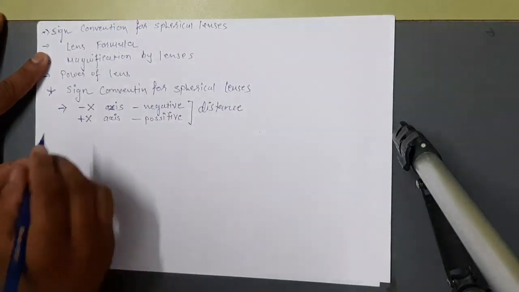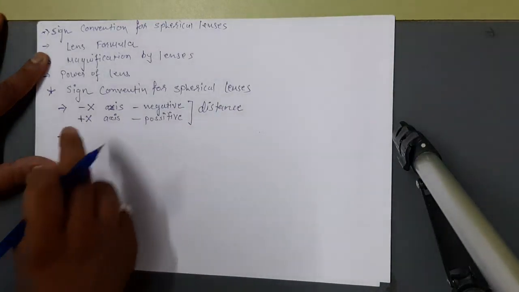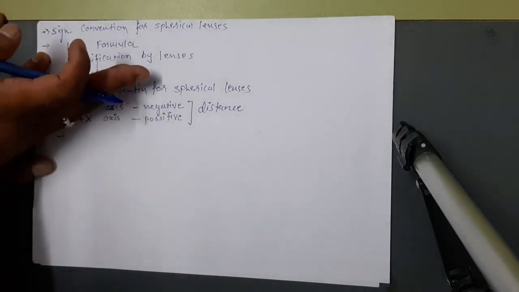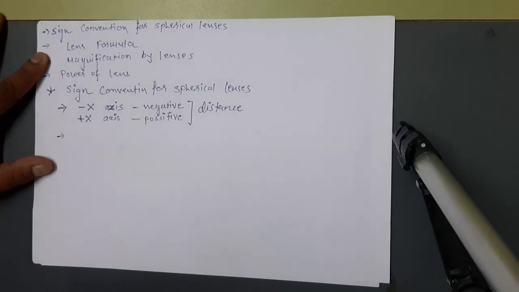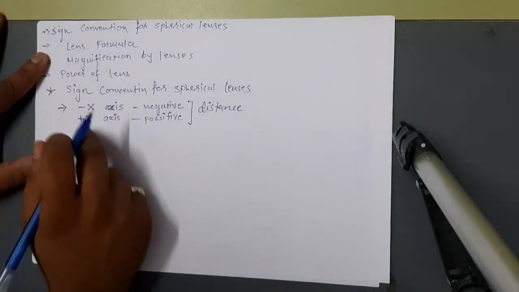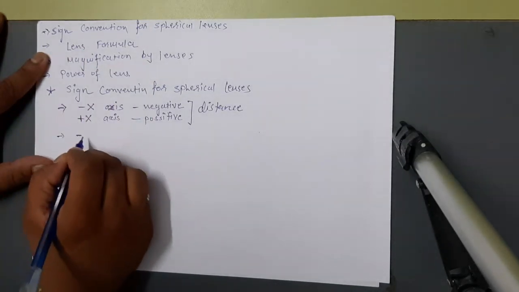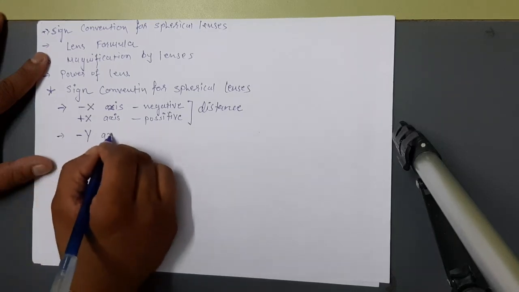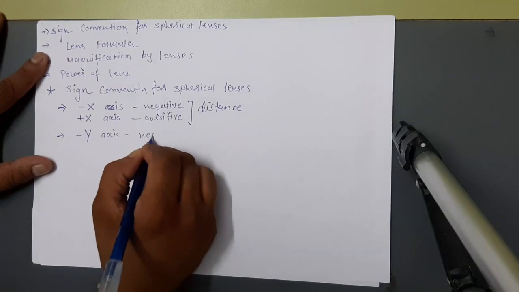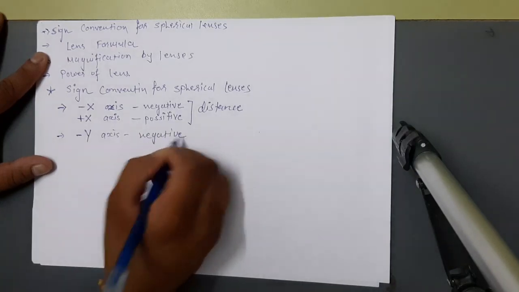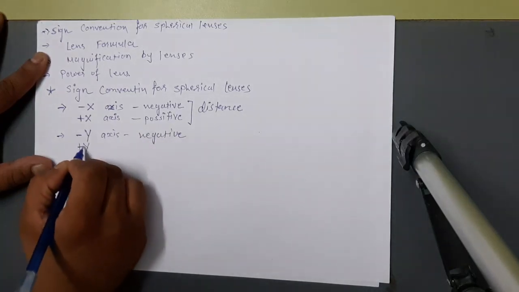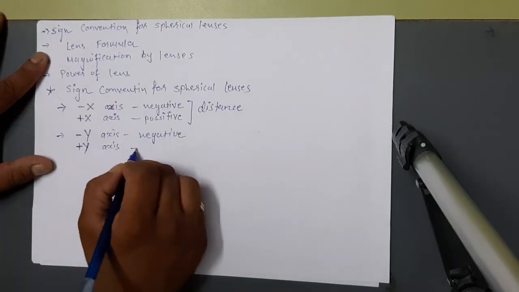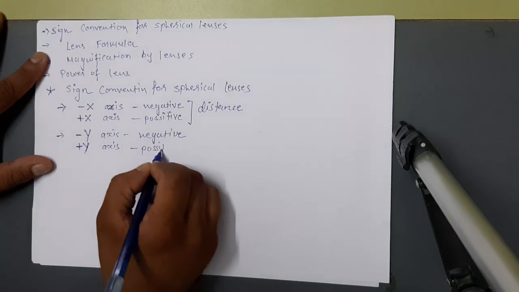Similarly, if the object's height is below the principal axis, it will be negative, and if it is above the principal axis, it will be positive.